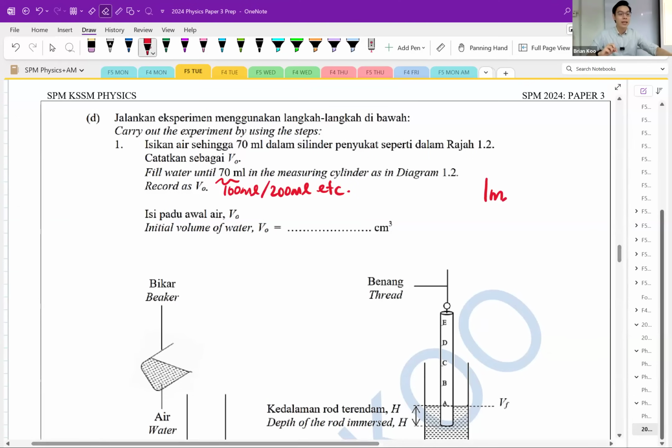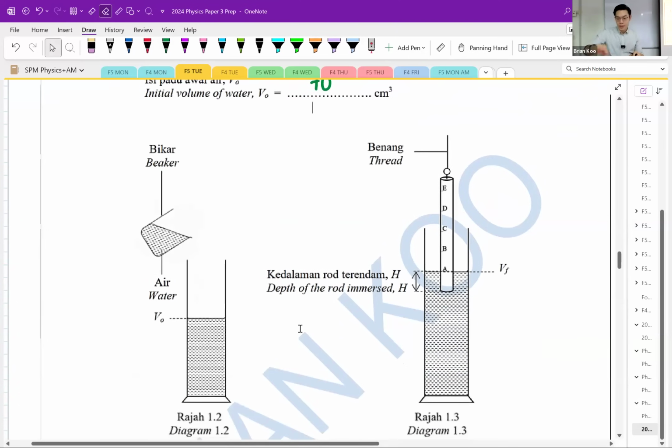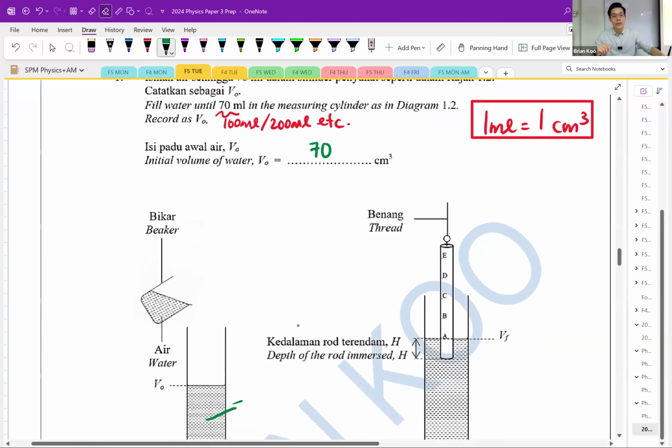Guys, 1 ml is how many cm cube? 1 ml is 1. Yesterday some people didn't know. Very scary. So 70 ml means 70 cm cube. So you go and put 70 ml of water. This question puts 70 ml, but it could be 100, 200, like I said.